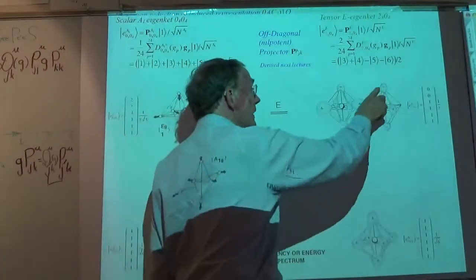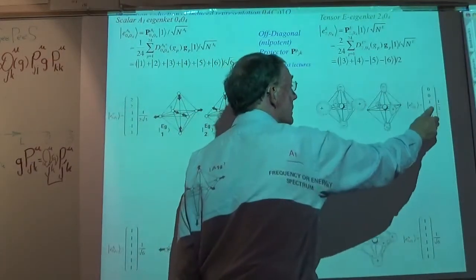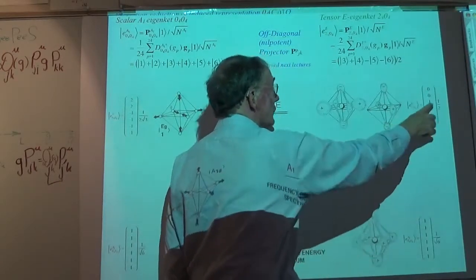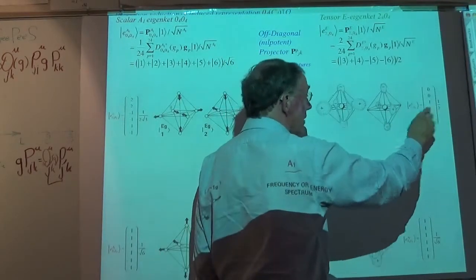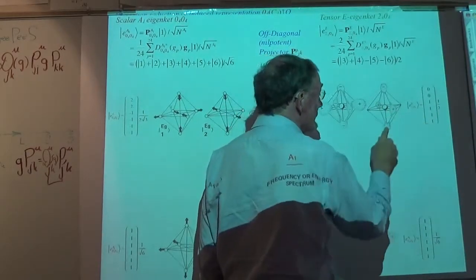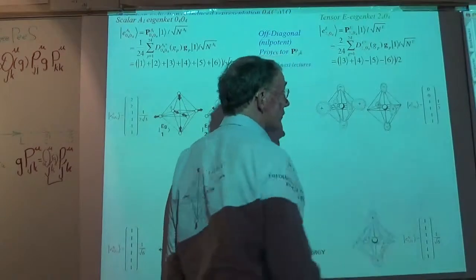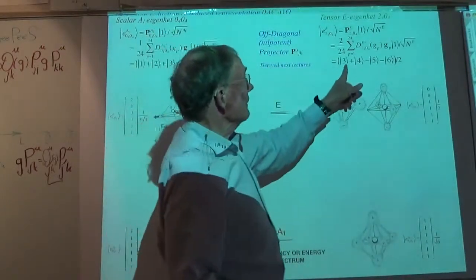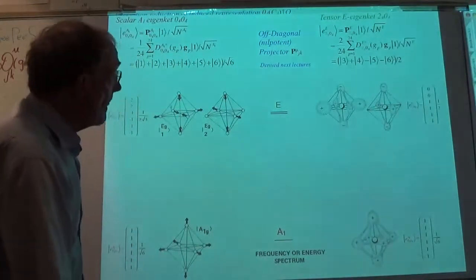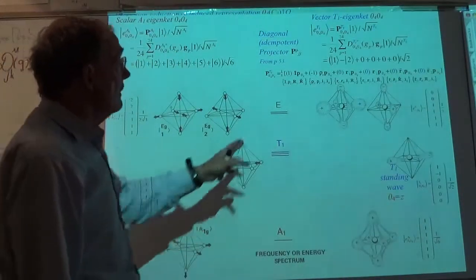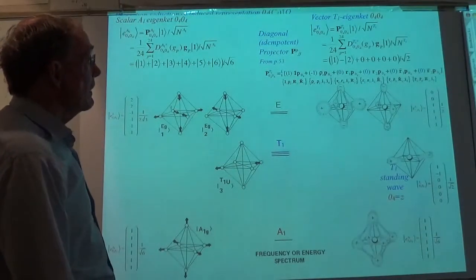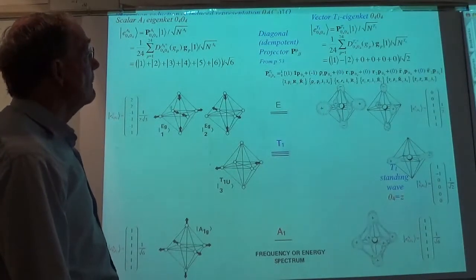Alternating, plus, minus, plus, minus, plus 1, minus 1, minus 1, as I go from 3 to 4, both the same sign, and then 5 and 6 are minuses. So we'll be getting that guy later on, next time. Okay, but that's the coset sum that we're going to see coming out for the T1 now.